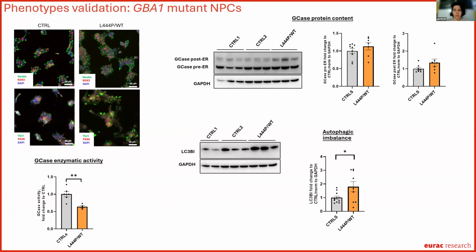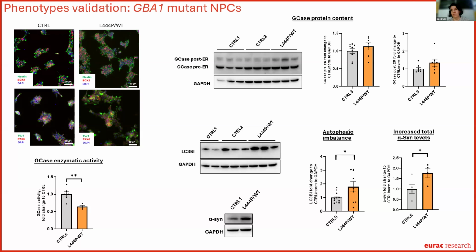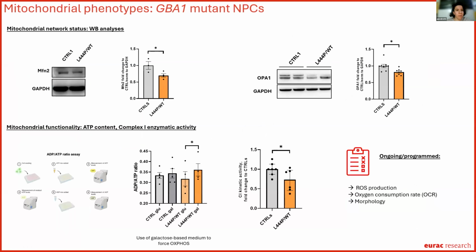What we do see is an alteration in the autophagy pathway and an accumulation of total alpha-synuclein level, which could be correlated to this blockage of autophagy. Regarding more specific mitochondrial phenotypes, we see a reduction of proteins that regulate mitochondrial fusion, such as mitofusin and OPA1, which could indicate a possible alteration of the mitochondrial network.